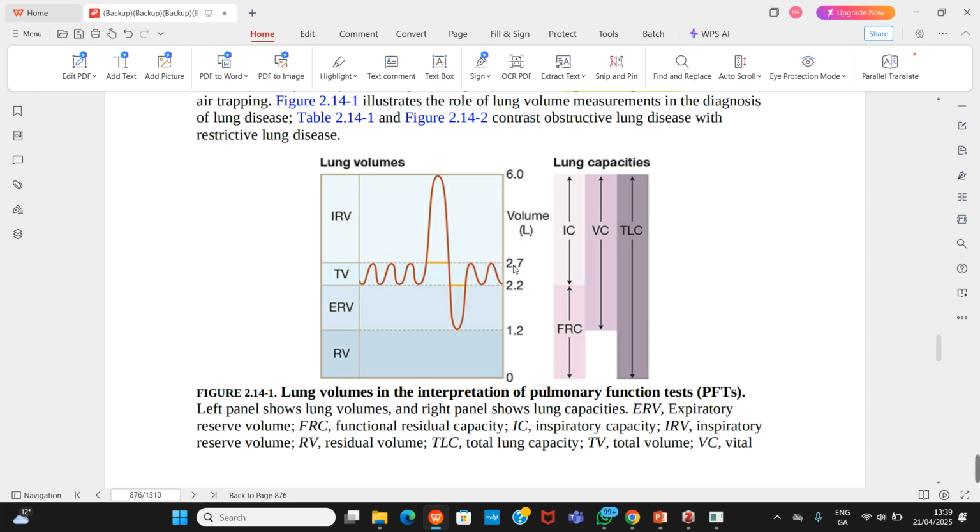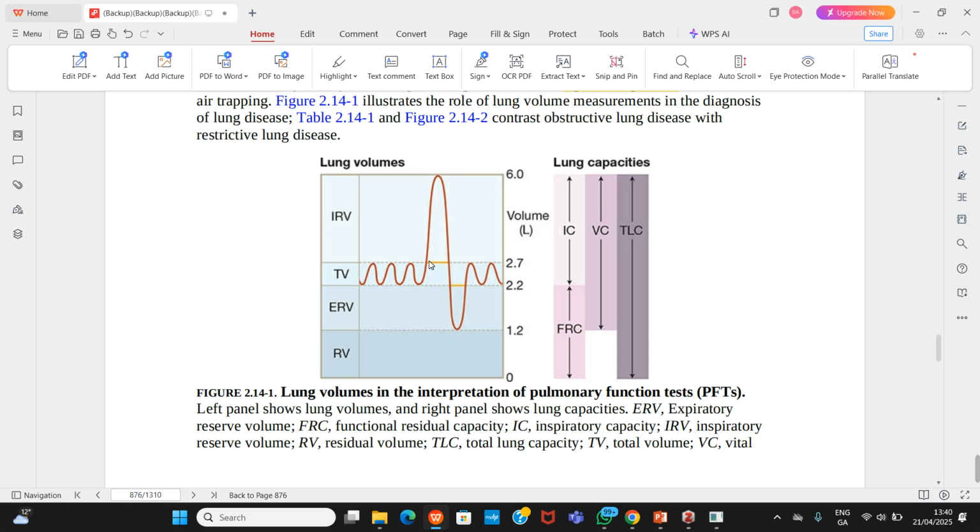If you look at this tracing, the upper part is 2.7 and the lower part is 2.2. So if I'm just breathing quietly, I'm bringing in 500 from here to here, and breathing out 500 from here to here. So 2.7 minus 2.2 is 0.5 liters, which is equivalent to 500 mils.